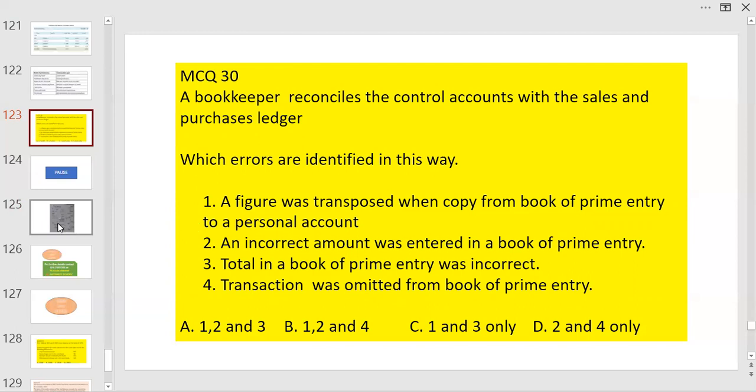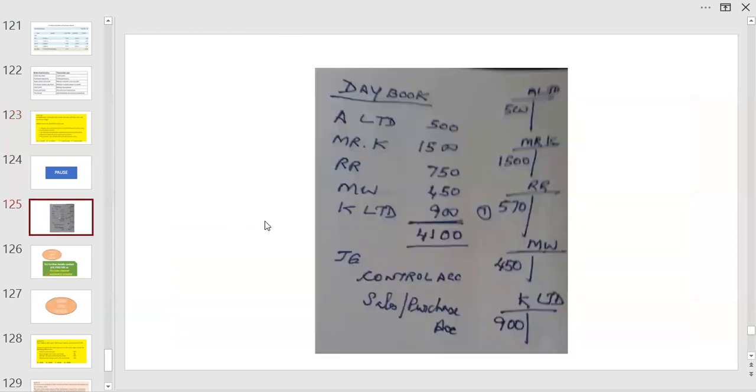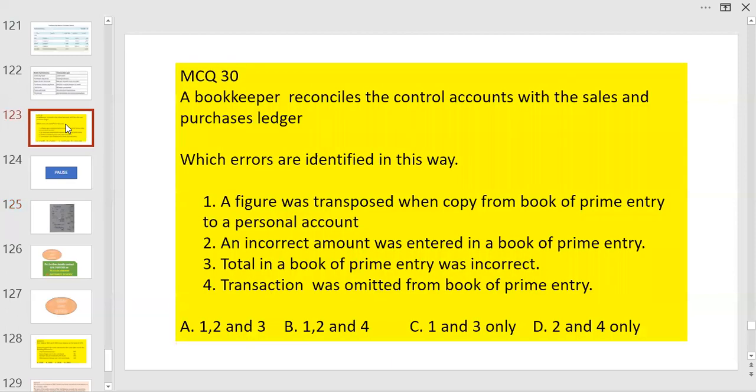Say for an example, for account RR, 750 is the correct amount, but it was by mistake written as 570. So when you do the totaling of these things, will it agree? No, it will not agree. It will definitely differ. Therefore, by this bookkeeper's exercise to reconcile the account, this will get identified. Number 1 will get identified.